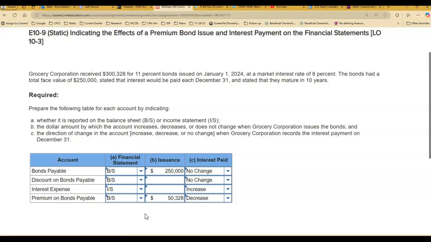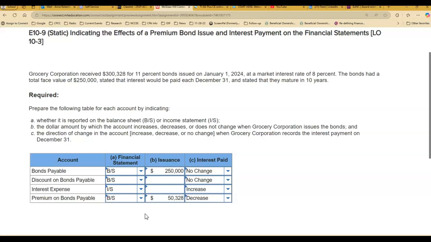So again, every time we issue those bonds, regardless of whether it's a premium, discount, or face value, the amount that goes on the books is the face value. And when interest is paid, there is no change. The only time that $250,000 changes is when we pay back the bondholders.